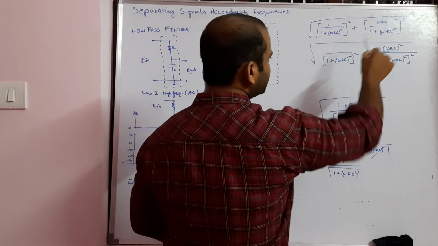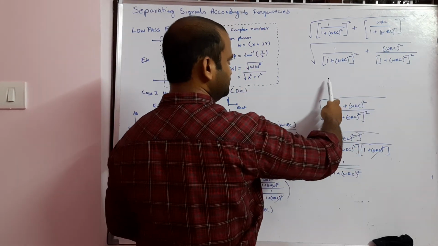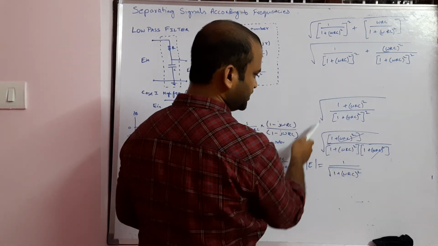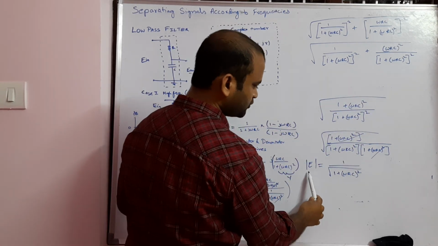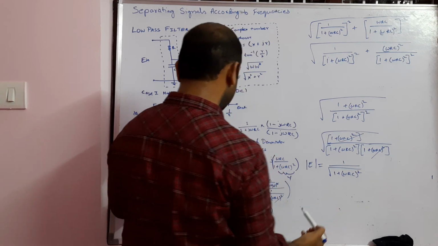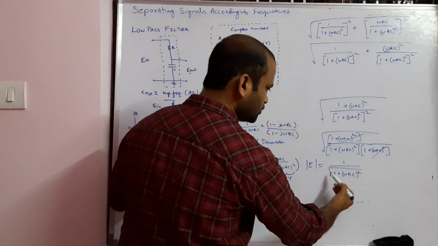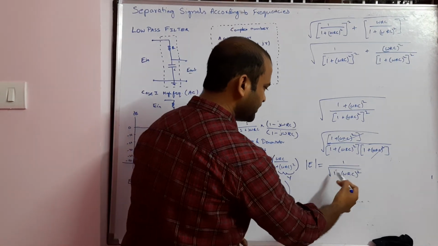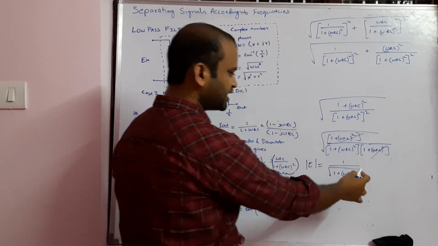And if you do the simplification, then what you get here is the magnitude of E, this is the amplitude of the signal, E, that is 1 divided by the square root of 1 plus (omega RC) squared.